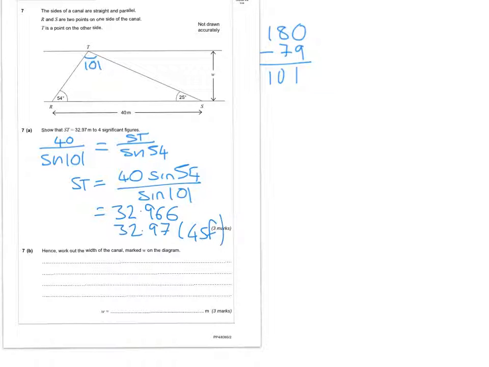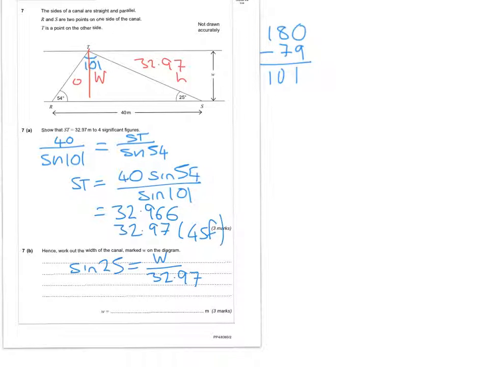Okay, hence work out the width of the canal, marked with a W. Alright then, so I suppose I can draw the width in there. And this is 32.97. And we want to work out W, so that's the opposite, that's the hypotenuse, it will be sin. So sin 25 equals W over 32.97.